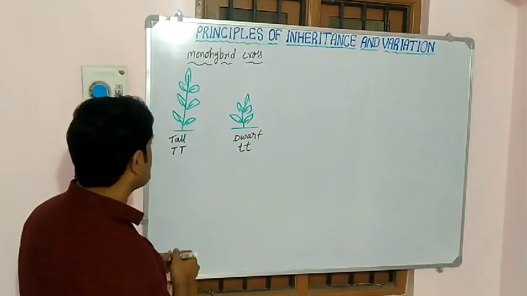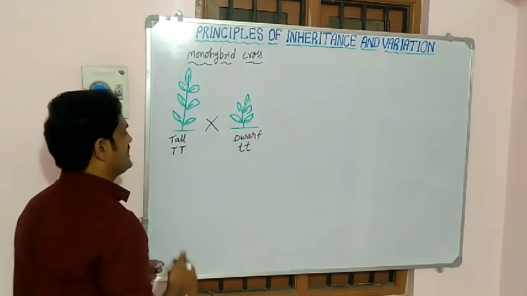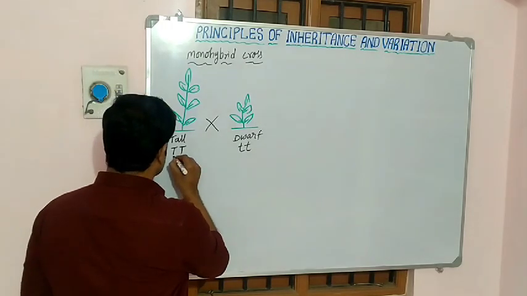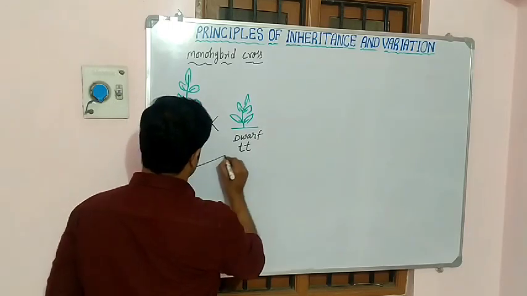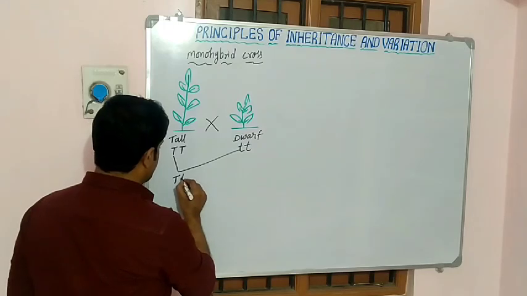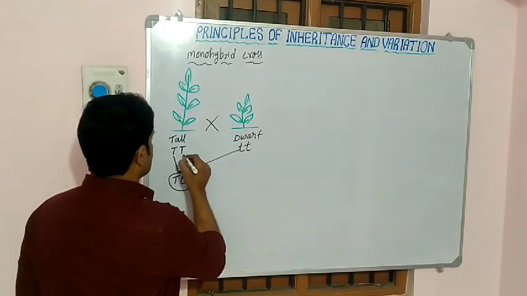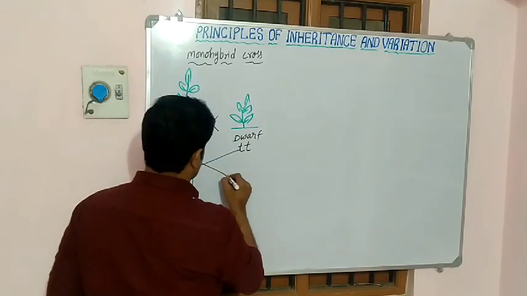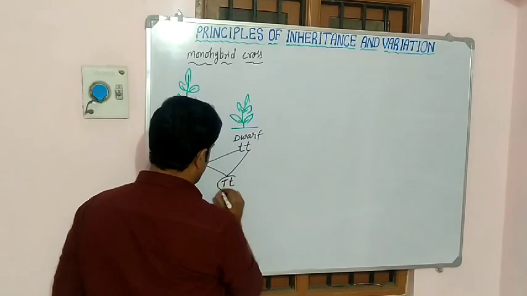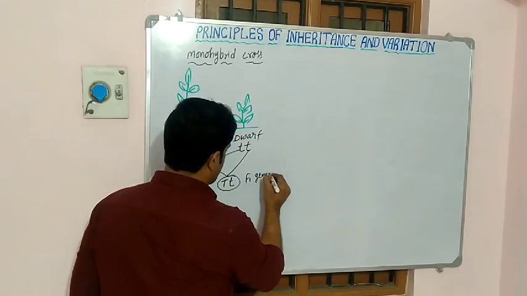Then Mendel crossed these two plants. Then what will happen here? This gamete is fused with this gene, then it forms a capital T, small t. This is one plant. Then this gamete is fused with this gamete and it forms one more plant. So these are the F1 generation plants.